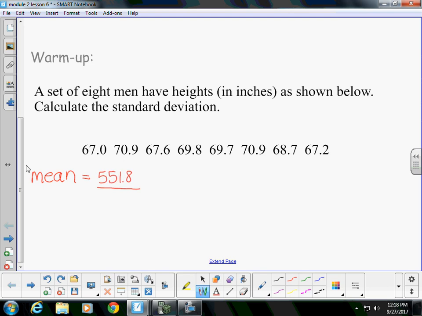And divided by 8. And that comes out to 68.97.